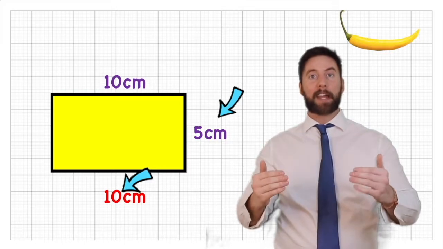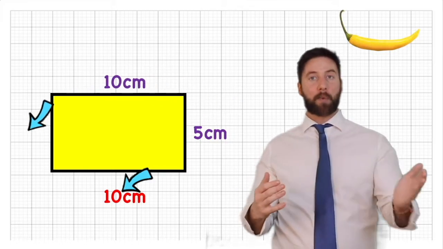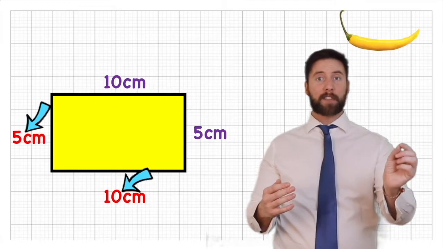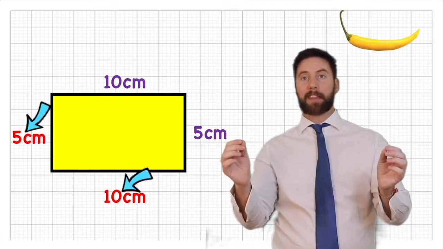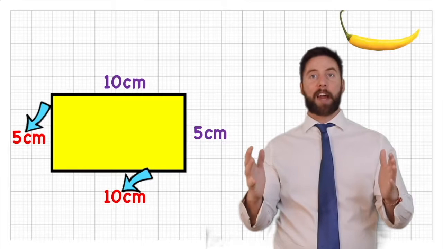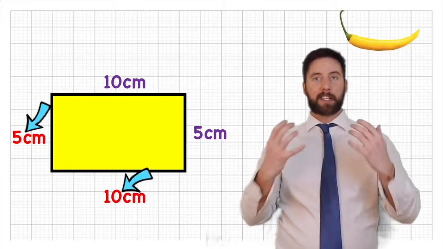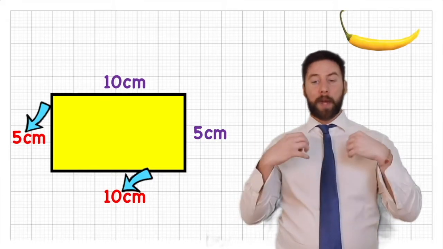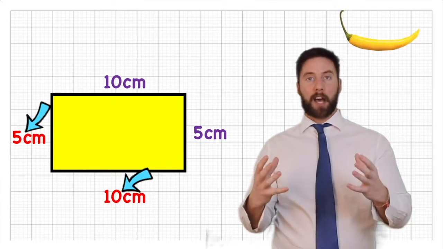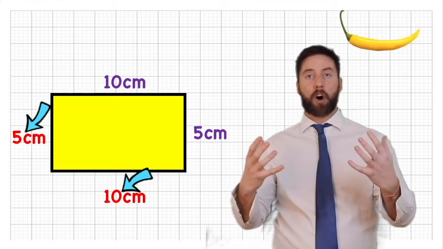Okay, so we could put that in if they hadn't given it to us. And again, with the 5 centimetres, if one of the lengths is 5 centimetres, we know that the opposite length will be 5 centimetres based on the characteristics of a rectangle. Okay, so even though they weren't given to us in this example, we could infer and deduce those measurements ourselves using skills and knowledge of rectangles.